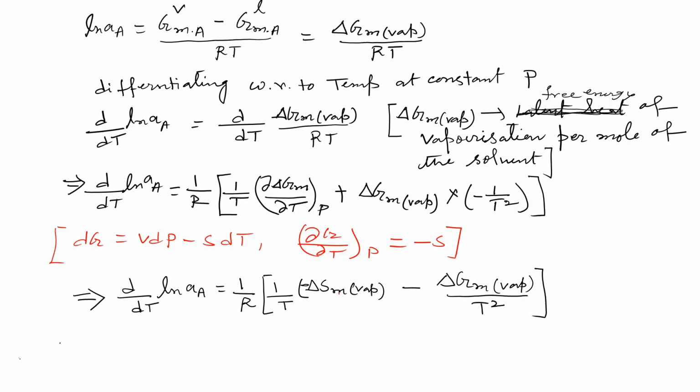And this is minus delta Gm vaporization divided by T square.